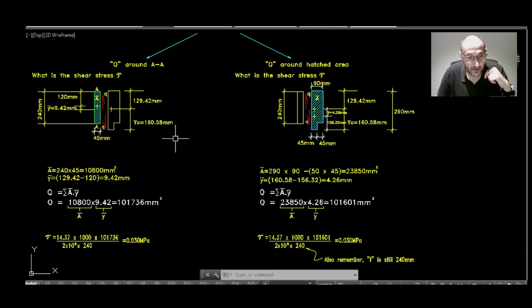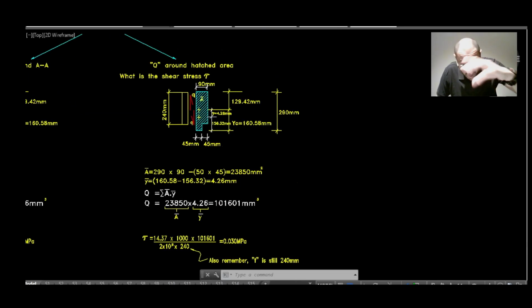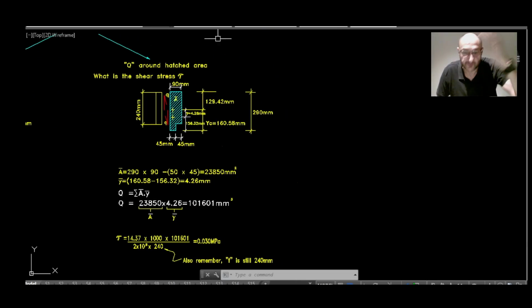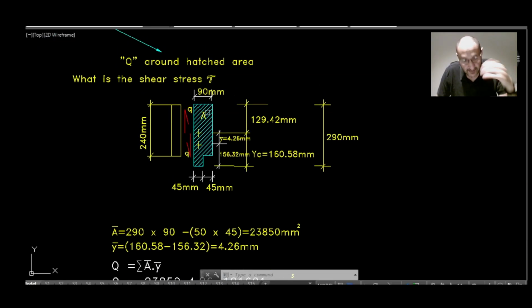If we are to separate this bonded area now away from the rest of the elements, which is AA, and determine the centroid of that hatched area, we worked it out to be Y1, 156.32 millimeters, where YC, again, is still the same at 160.58 millimeters.